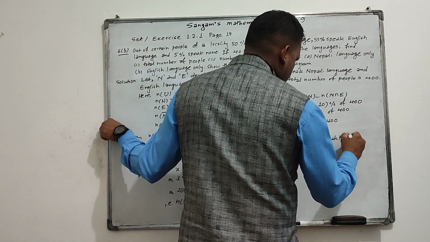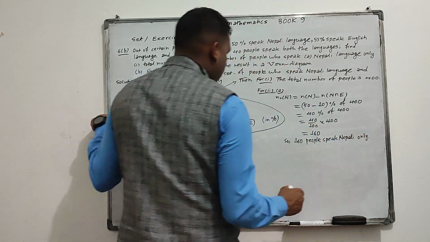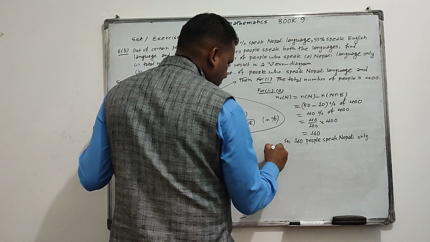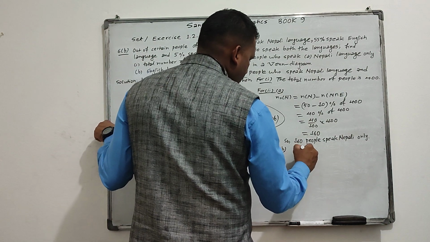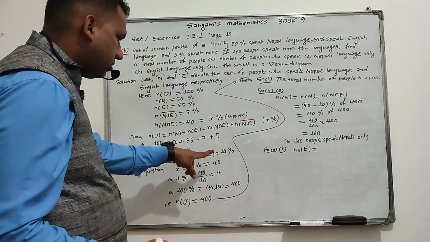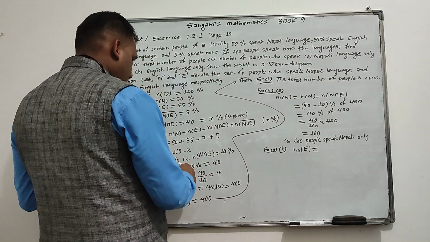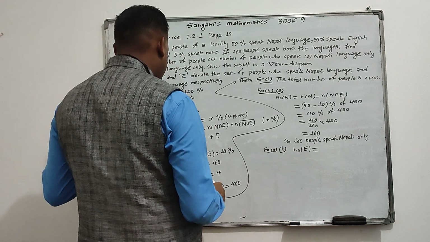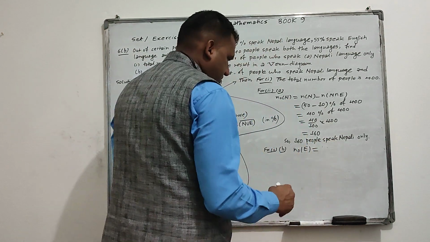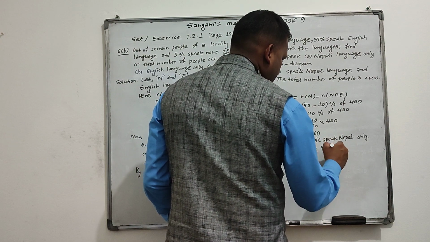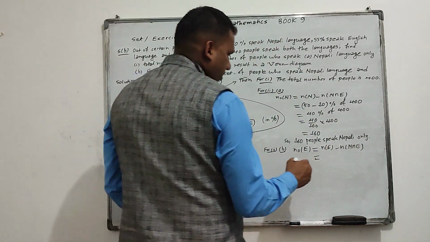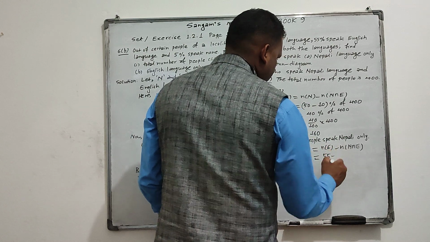Or 2b, English language only. For 2b, number of E not N equals number of E minus number of N intersection E. Number of E is 55% minus the intersection data, 10%.